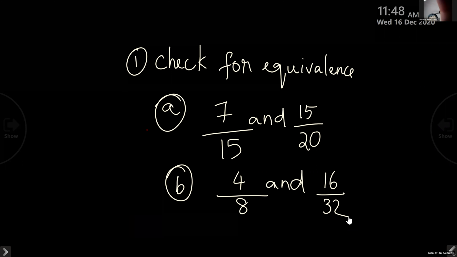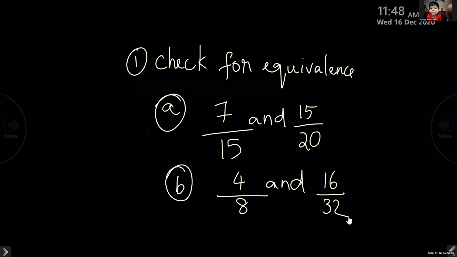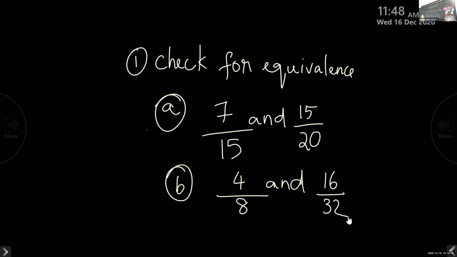Okay, now I'll explain. I will ask one by one. Please mute your audio. Ananda, tell me question number A and B. Which fraction is equivalent? Yes, Chinmay.